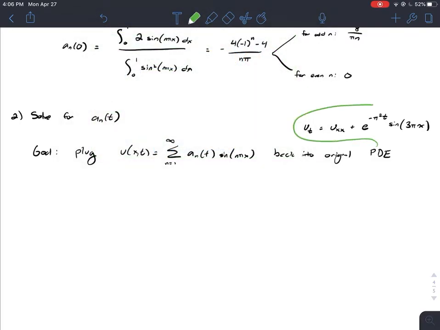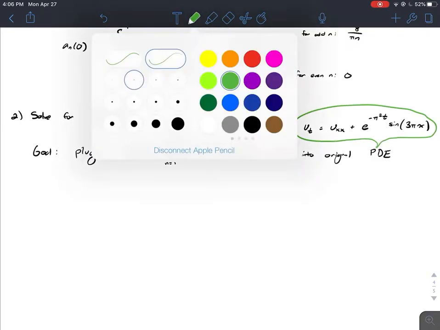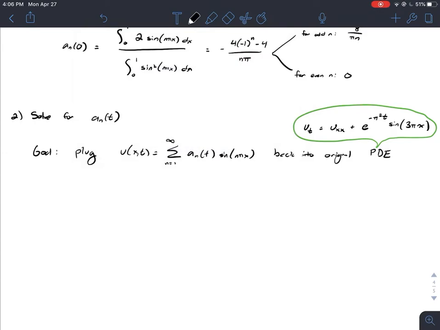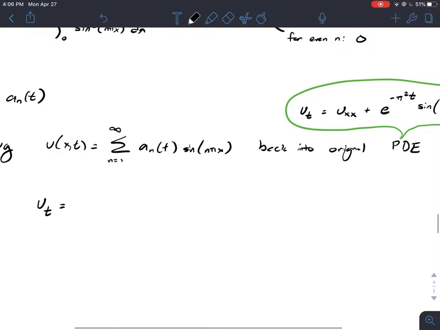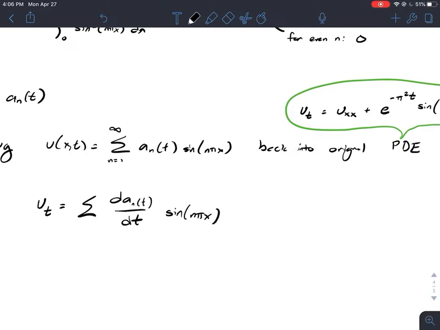So the PDE is this thing we did over here. Therefore, we need to find u sub t, the time derivative. Taking the time derivative, we have d a sub n of t over dt times sine n pi x.